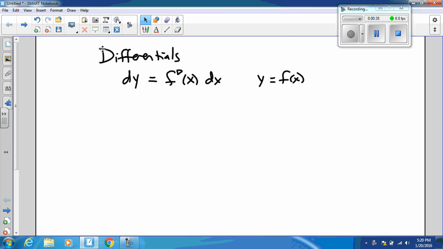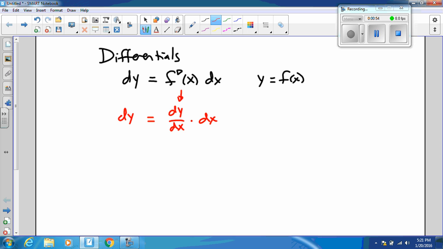And if you're puzzled by this, keep in mind that f prime of x is spelled in Leibniz notation as dy dx. And so what we're doing is multiplying the rate of change dy dx times dx, and in the Leibniz notation it appears algebraically as if we're simply canceling the dx's and getting the change dy.